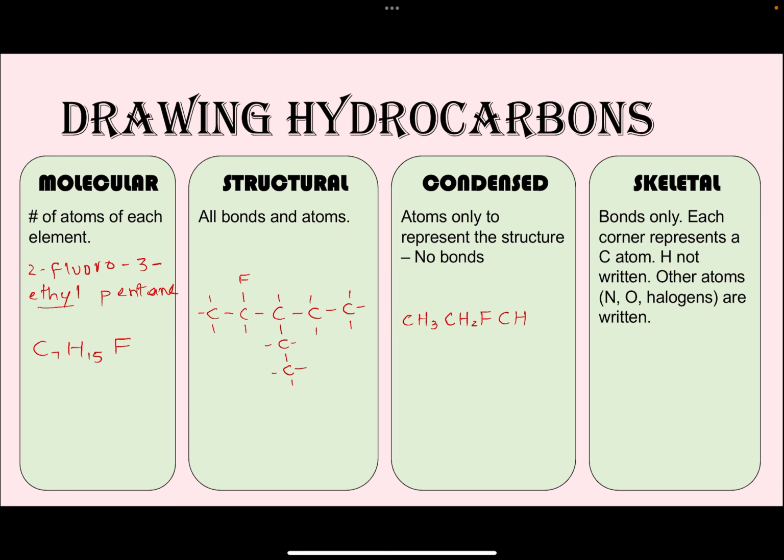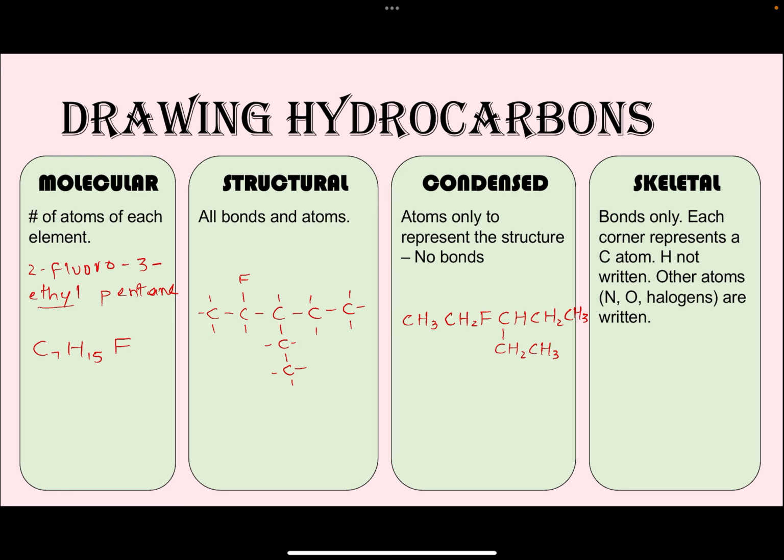And whenever we are writing the condensed formula with a branch, we can make only one bond to indicate the branch. So this is now going to indicate the branch, which is going to be CH2, CH3. Okay, and then we continue with carbon number 4, which was CH2, and then the last carbon was CH3. As you can see, all that I've done is taken out the bonds and written the number of hydrogens and everything else that we have for each carbon.